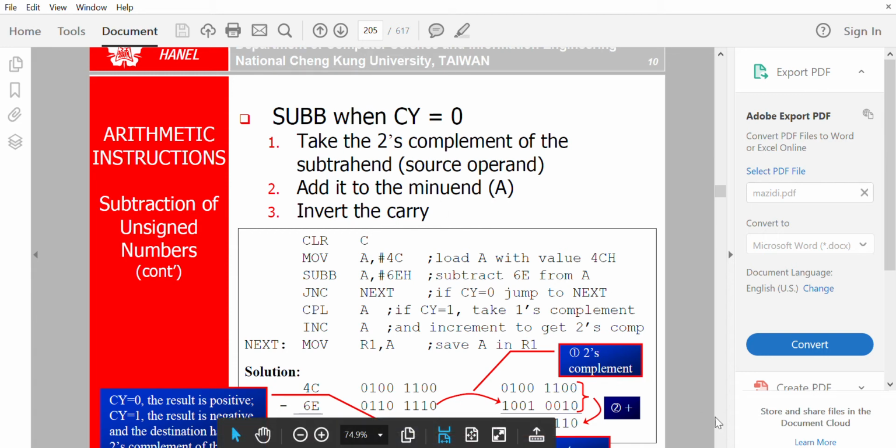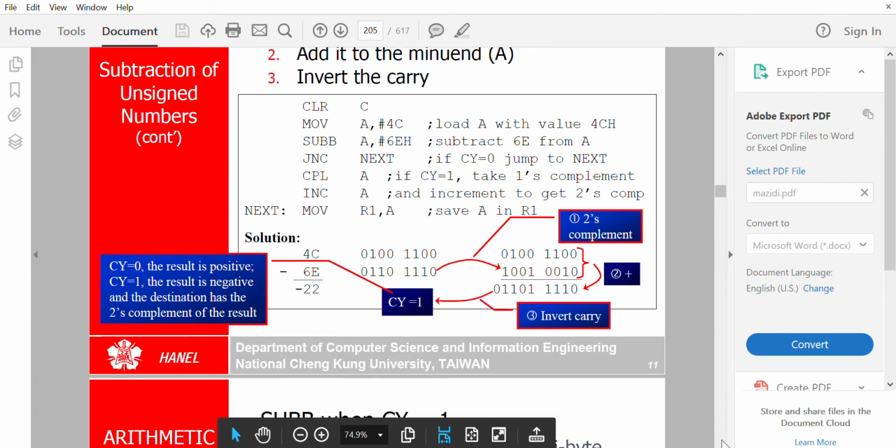Here we are taking an example. We are going to subtract 6C from 4C, that is, 4C minus 6C. For that, first you will move 4C to the accumulator, because it's always A minus the source.